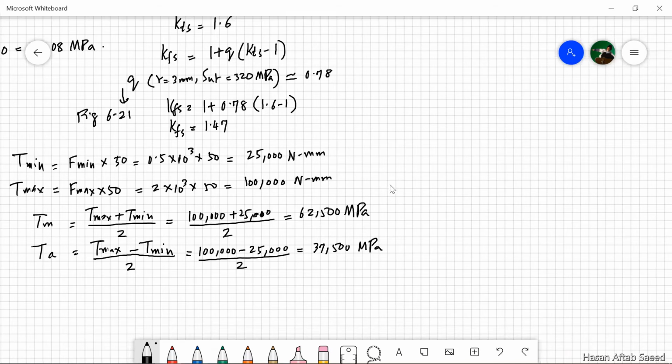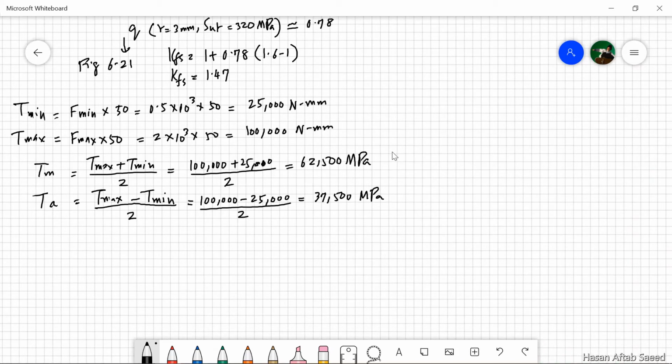This is the last step. After this, we'll be able to plot these values. Actually, we don't plot them, we just use formulas, but essentially it's the same thing. Tau m, the mean component, the mid-range component, is KFS times TM C over J. This KFS is the stress concentration factor. TMC, this is the radius over J. Now KFS we just calculated 1.47.